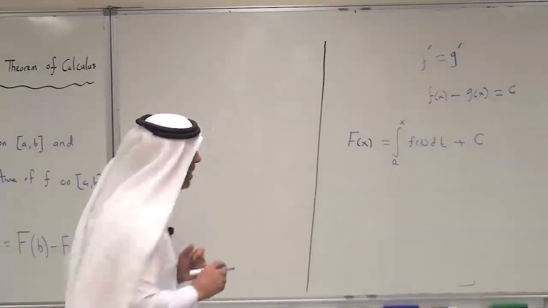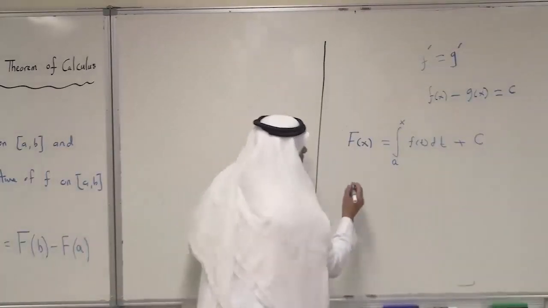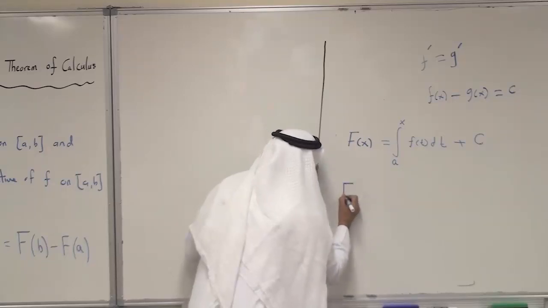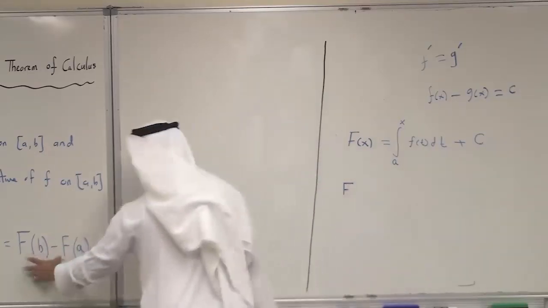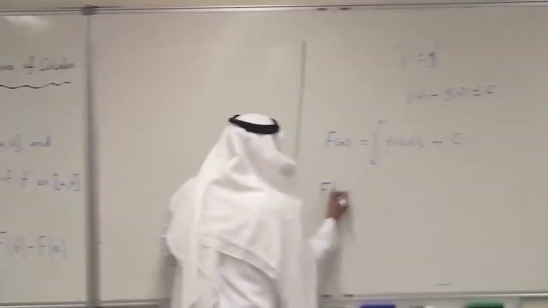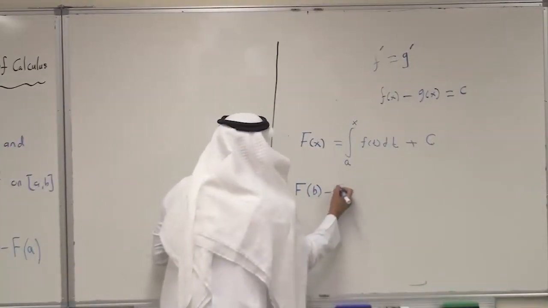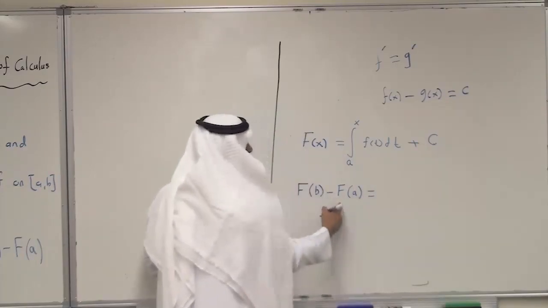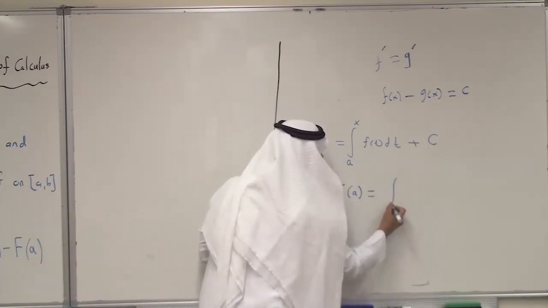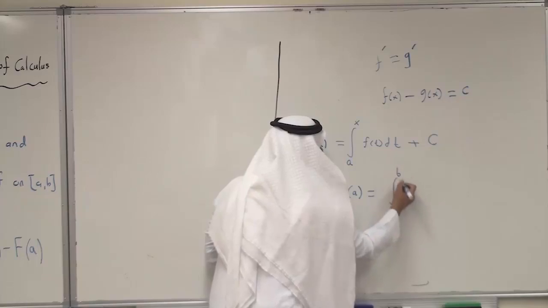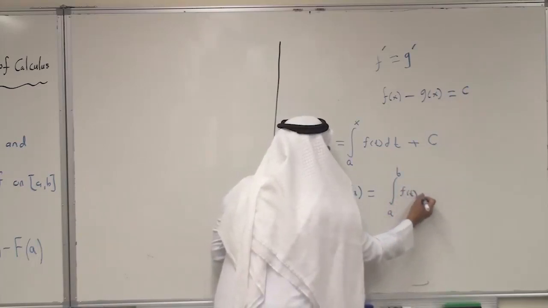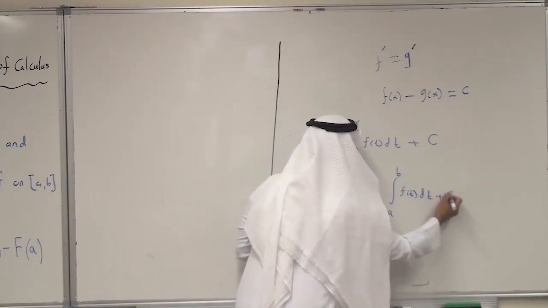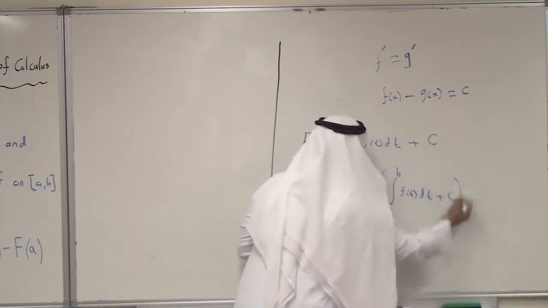Okay, fine. What we need to do here is calculate the right-hand side, F of b minus F of a. What do we get? F of b minus F of a will give us the integral from a to b of f of t dt plus constant c. I'm just replacing x by b.